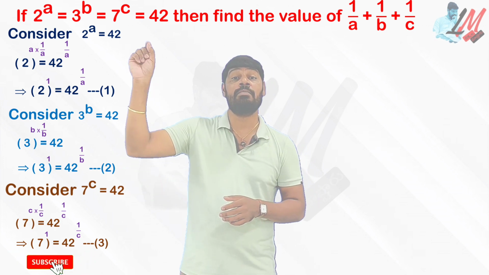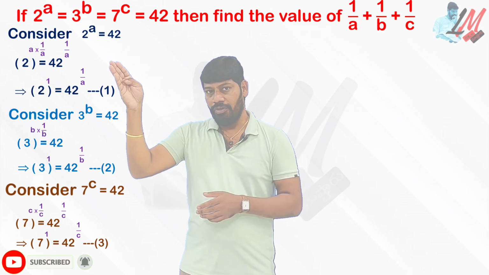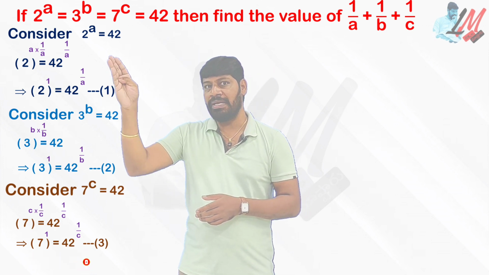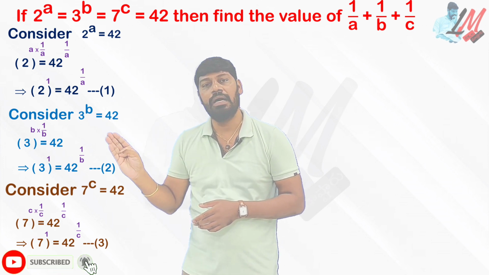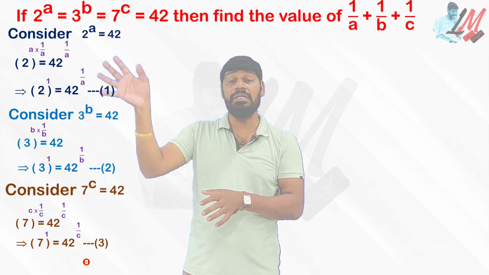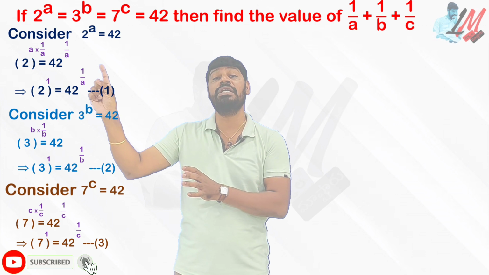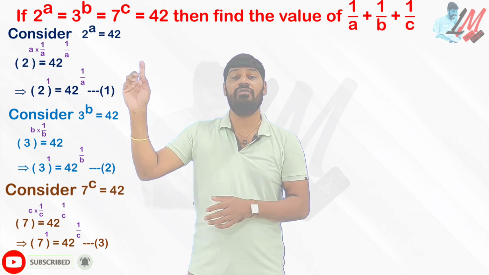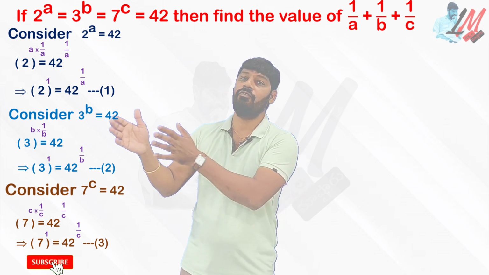As we need the sum 1 by a plus 1 by b plus 1 by c, here we have separate values: 42 power 1 by a, 42 power 1 by b, 42 power 1 by c. How do we get the sum in the power? Especially when you make the product of 2 into 3 into 7, we are going to get 1 by a plus 1 by b plus 1 by c in the power of 42.